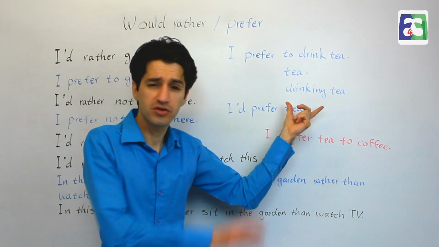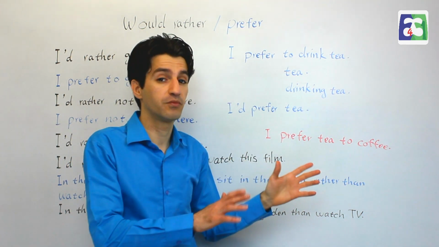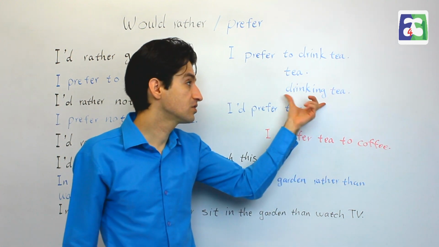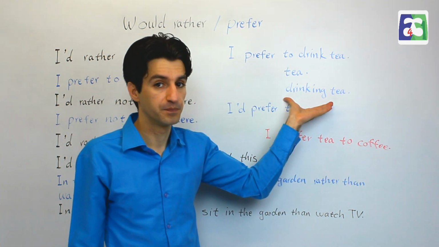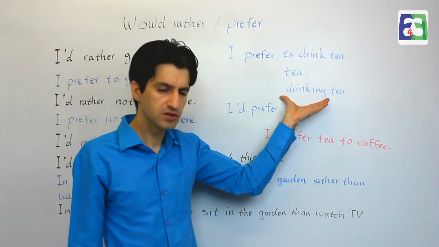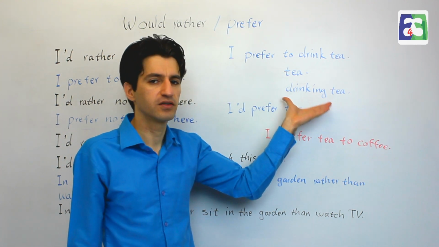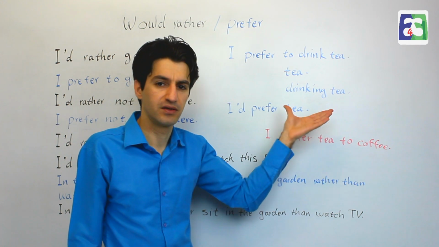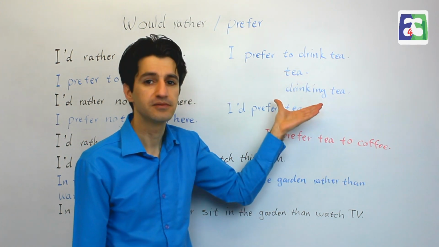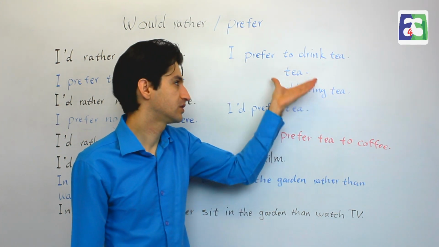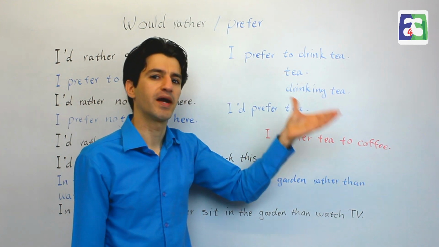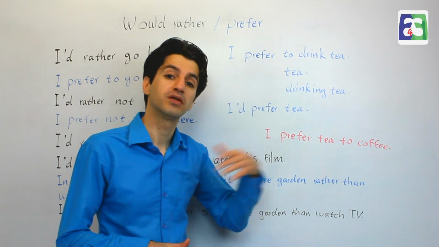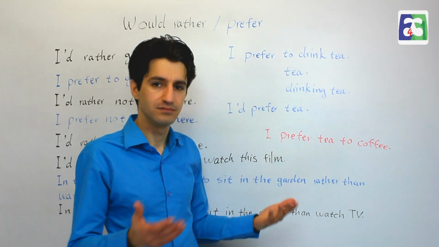Okay, this is not the continuous form. Do not mix it up with the continuous form. Continuous form always contains a form of verb to be. Okay, so this is not continuous. This is another form, another noun, just like tea. Okay, but a noun made from a verb. By adding ing, we change the verb into a noun.